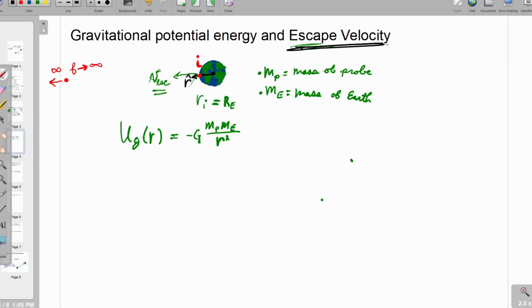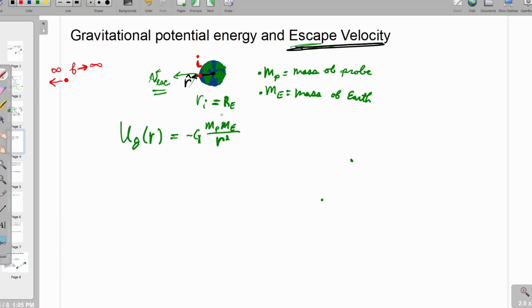So let's find the minimum speed at which you would have to eject a satellite such that it would leave the planet and never turn around and fall back towards the planet, even if it never encountered another gravitational body. Let's say that our probe is, so here's MP, the mass of the probe. ME is the mass of the Earth.